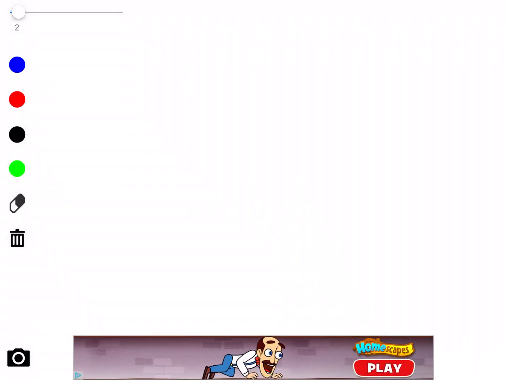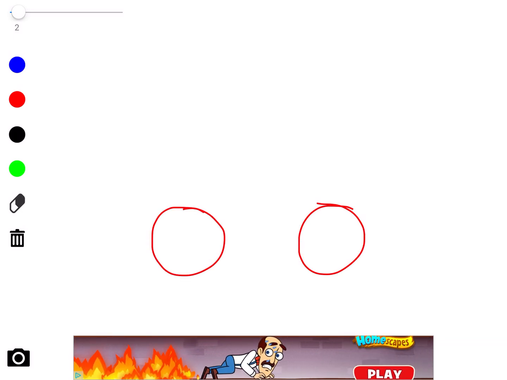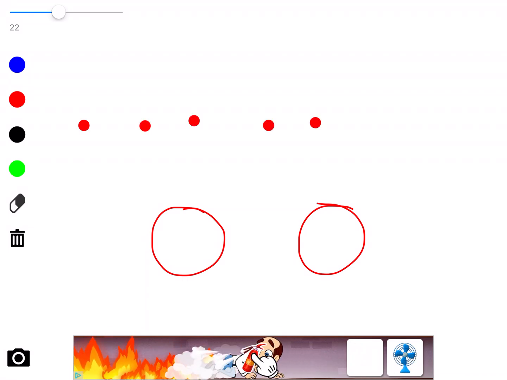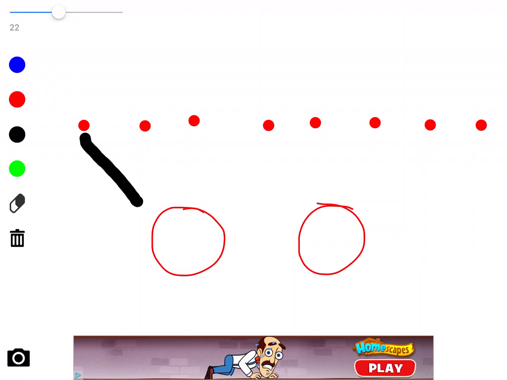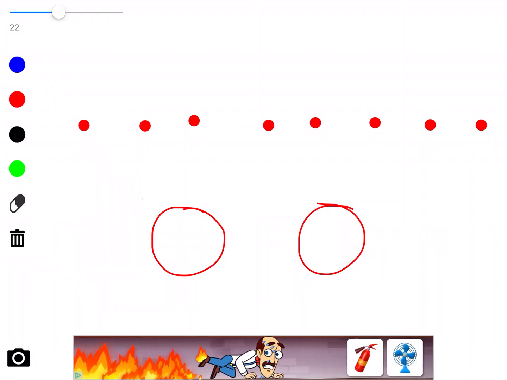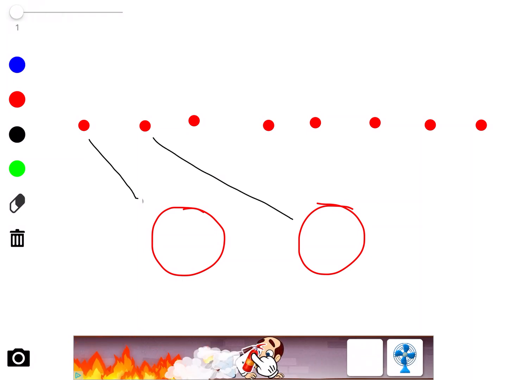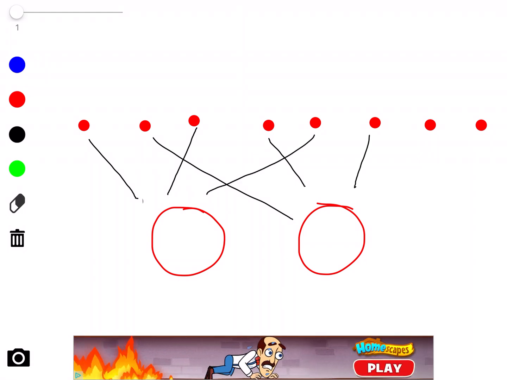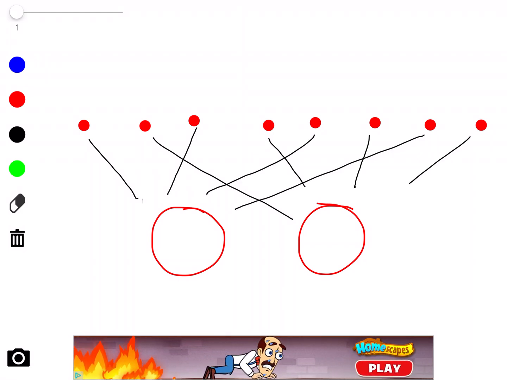Okay, so if we go back to doing it the way I did it before, our plates, 1, 2, 3, 4, 5, 6, 7, 8. And then if we take it in turns again, so this plate, then this plate, then this plate, then this plate, then this plate, then this plate, then this plate, then this plate.